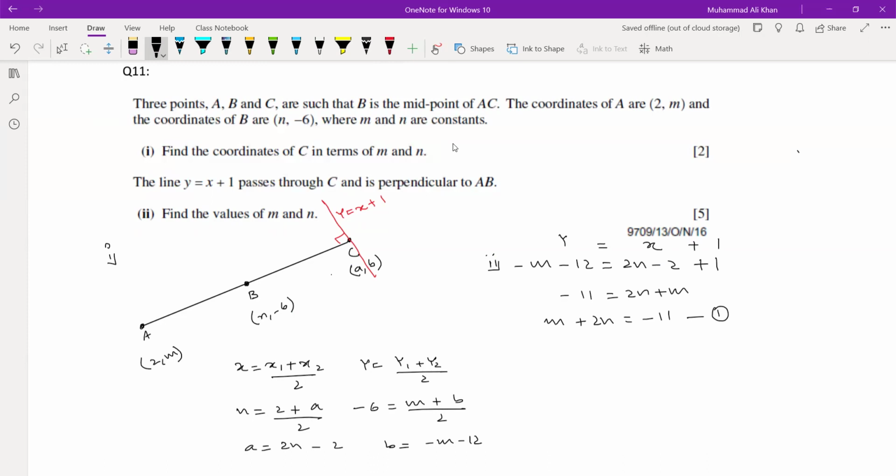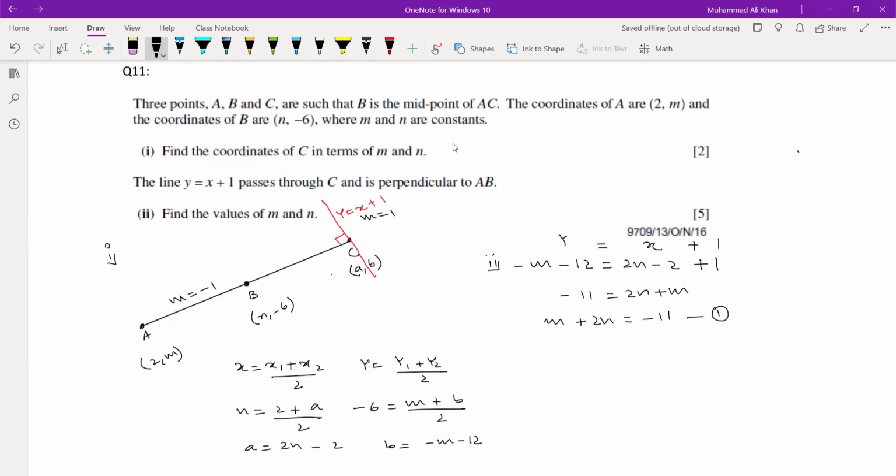Do we have the gradient of AB? No, we don't have the gradient of AB. Do we have the gradient of AB? Check it. What is the gradient of AB? Minus 1. Yes, we have the gradient of AB because the gradient of the red line is 1, so the gradient of AB is minus 1 because they are perpendicular to each other.